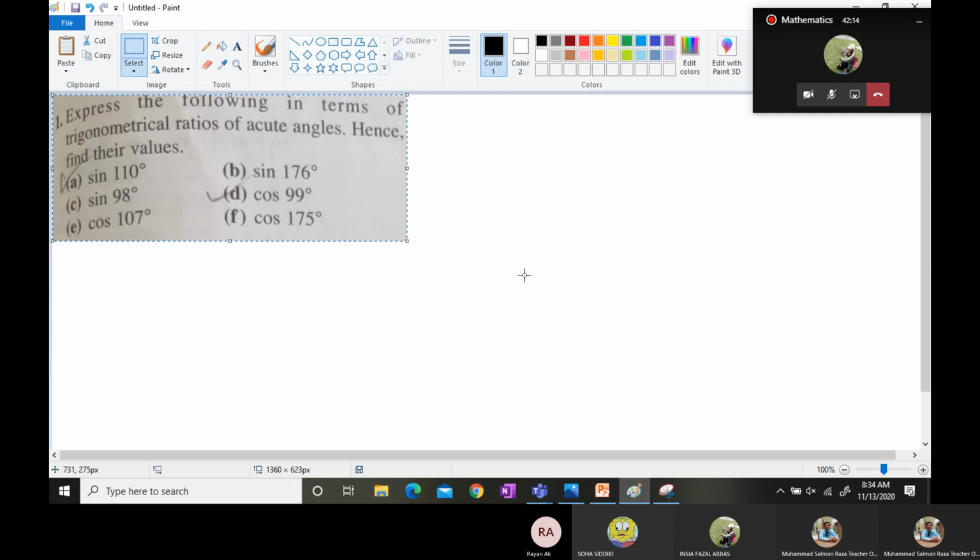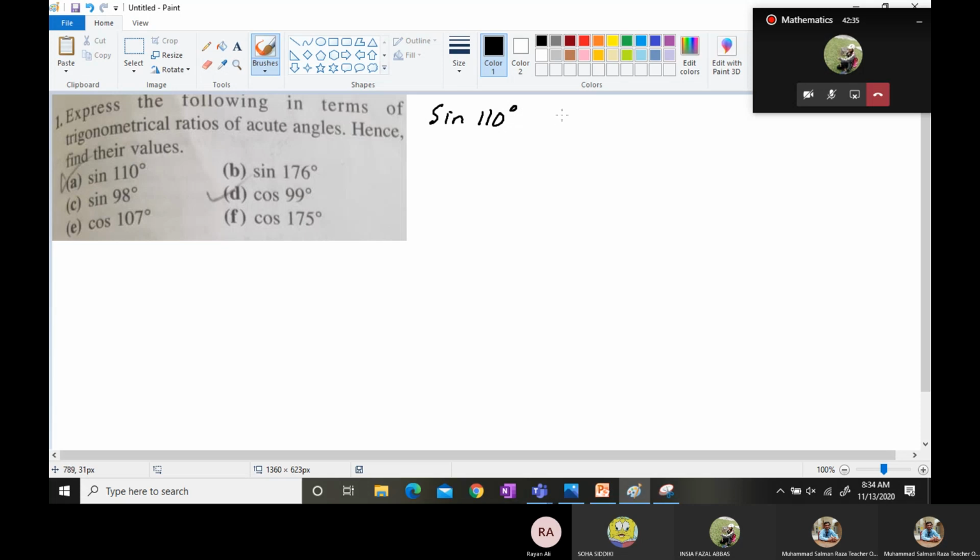Now you can see this question is here. They say: express the following in terms of the trigonometrical ratios of an acute angle, hence find their value. So if we look at this first question, sine 110 degrees, we have got the formula.